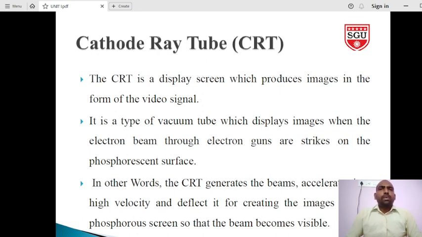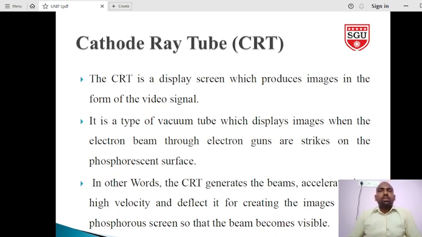The CRT display screen produces images in the form of a video signal. So the signals which they are receiving should be converted into video format. It is a type of vacuum tube which displays images when the electron beam from the electron guns strikes the phosphorescent surface.